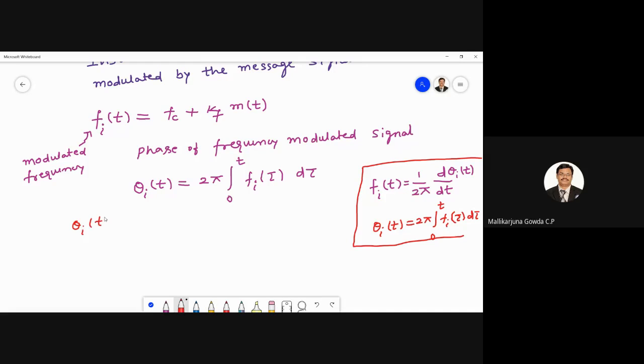So theta i of t is equal to 2 pi integral 0 to t of fc plus kf m of tau d tau.